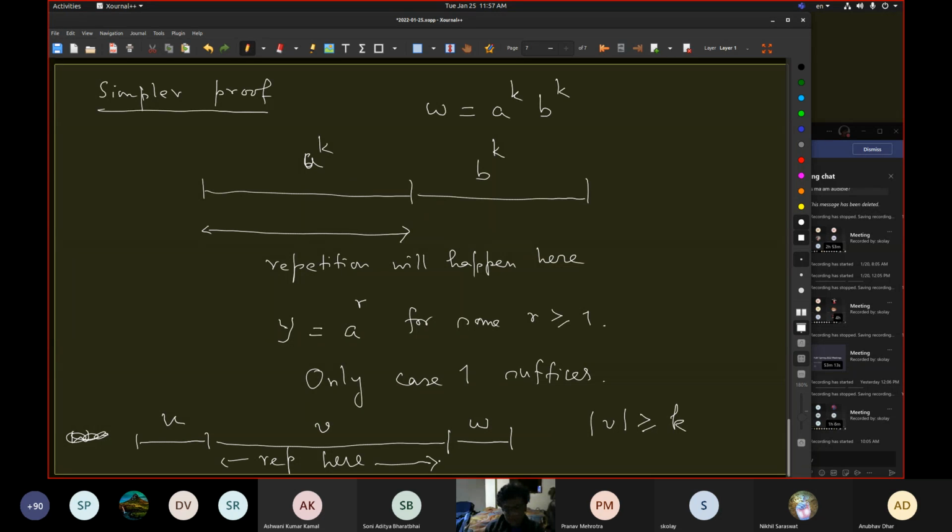And I can still put a repetition in V itself. It does not matter. This is the start state, here I have a final state. If I have sufficiently many symbols in any part, then a repetition is bound to happen in that sufficiently long part. Exactly the same proof, right?